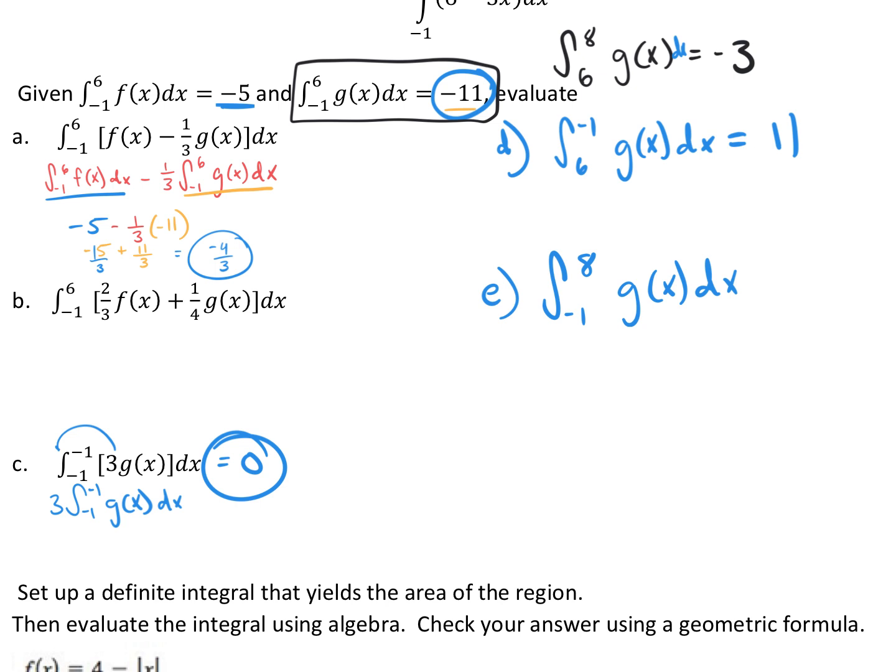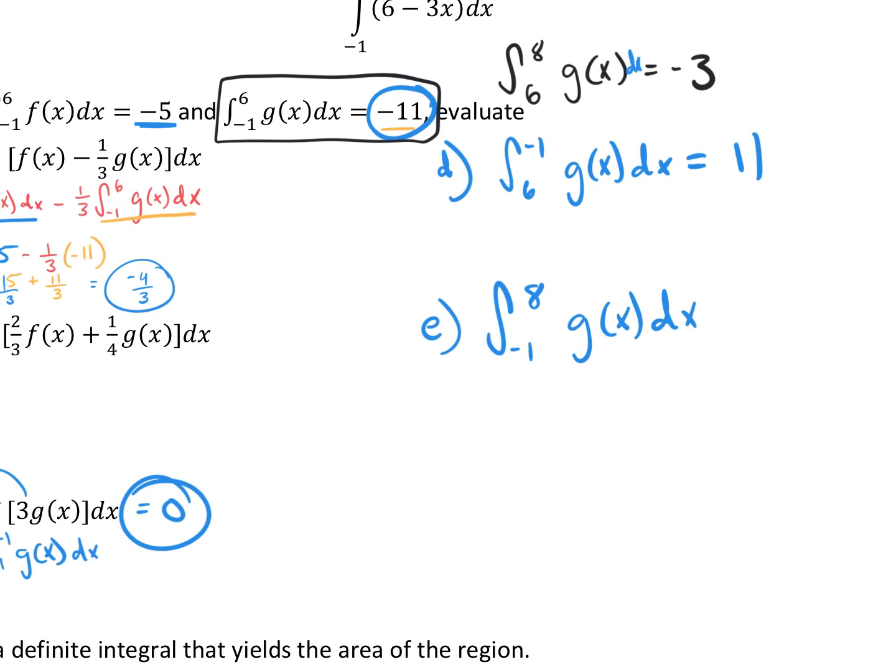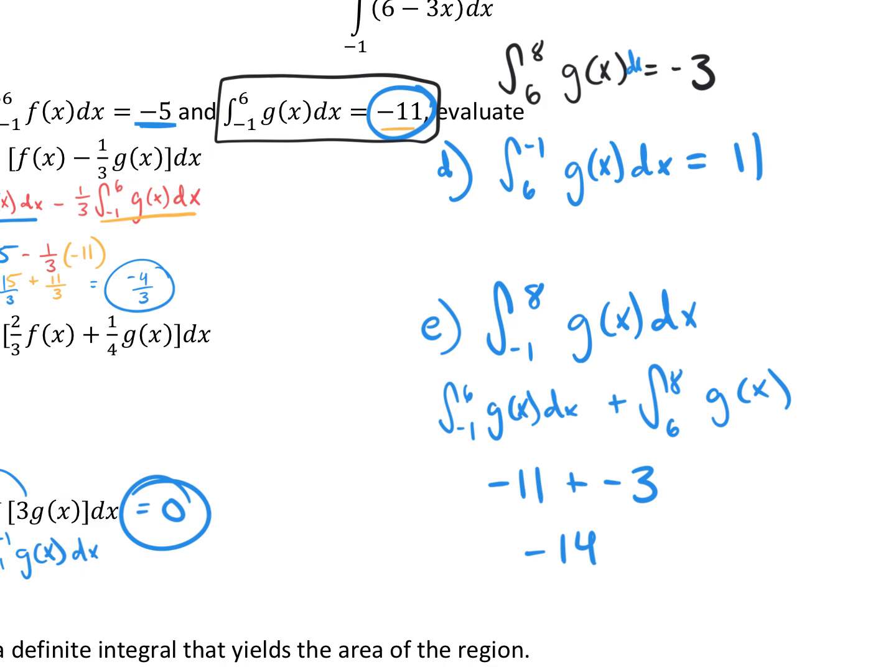What would our answer be here? So we could split up our question into the integral from -1 to 6 of g of x plus the integral from 6 to 8 of g of x. So we know that -1 to 6 would be -11, and then 6 to 8 would be -3. So our answer here would be -14.